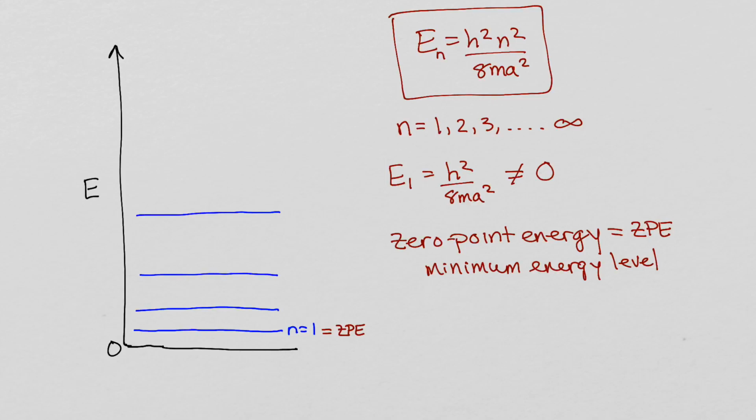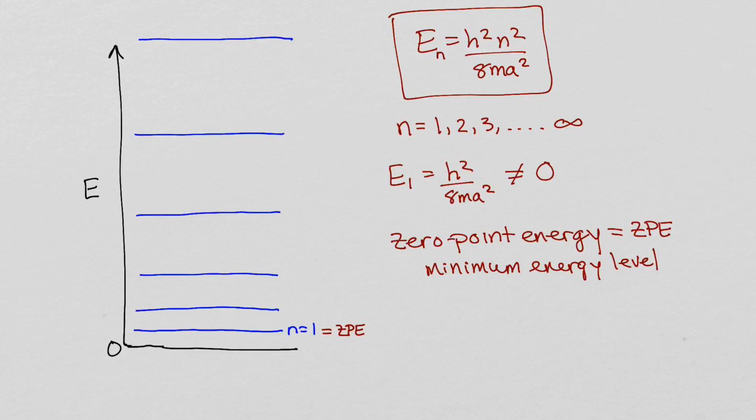These are obviously not to scale, but hopefully you get the idea that our energy levels become more widely spaced as our energy levels increase, which is opposite of what we had for the Bohr model, where our energy levels became closer and closer spaced due to that 1 over n squared dependence. So we have kind of the opposite situation happening with our energy levels than we did for the hydrogen atom.